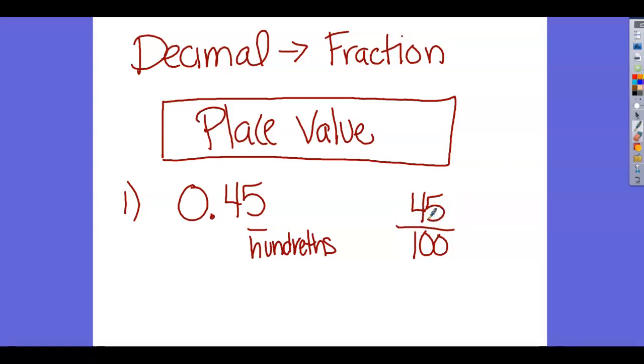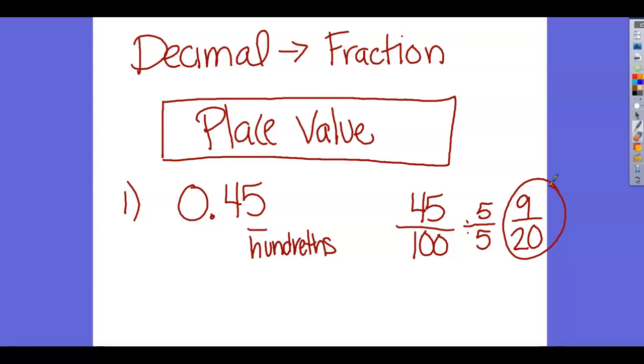Now, unfortunately, 45 and 100 can both be divided by the same number, so you do have to reduce the fraction. So 45 divided by 5 is 9, and 100 divided by 5 is 20. Now, since 9 and 20 don't have anything in common, that is my final answer.